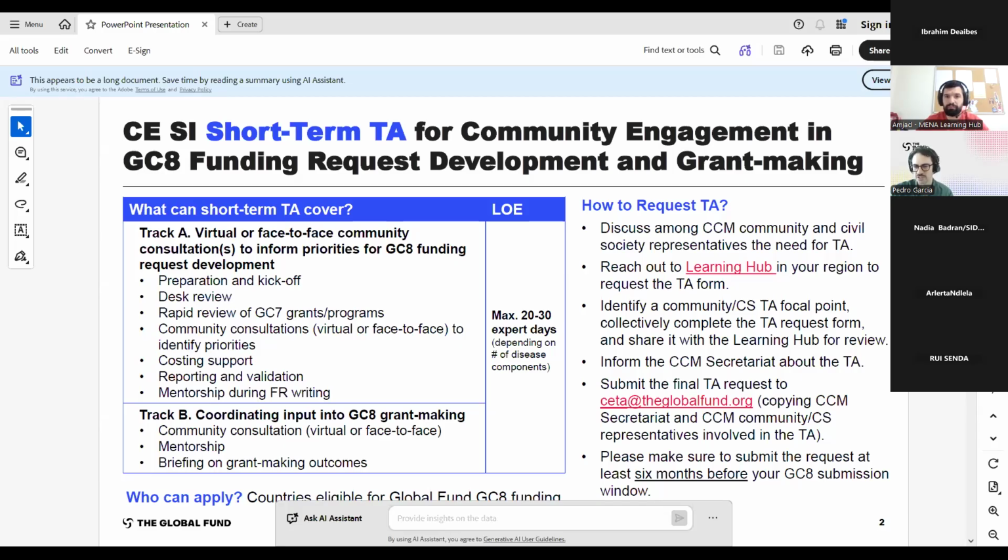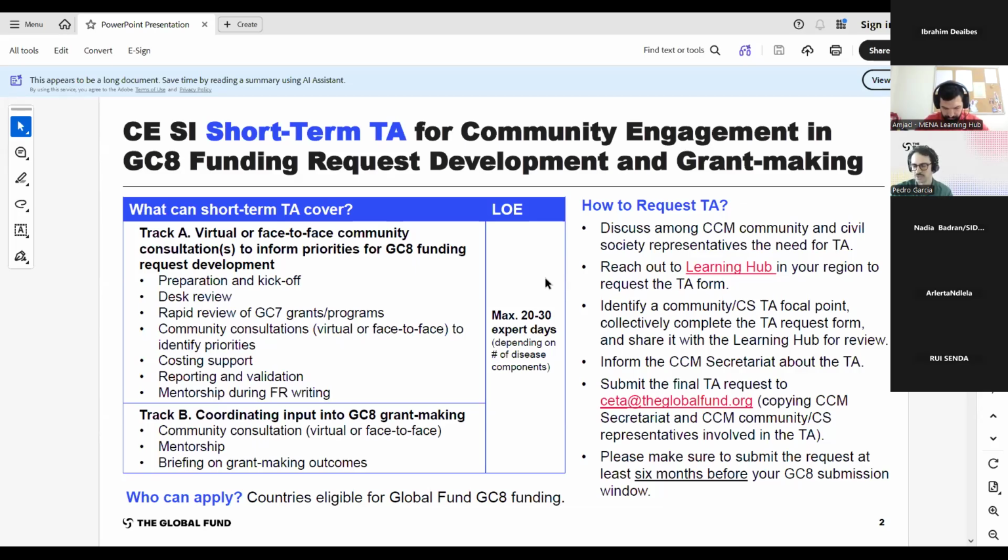So in many countries, the strategic initiative has supported prioritization consultations with communities, with civil society members, for communities to come together and to really discuss and align on some of the priorities, particularly ahead of the national dialogues, when the Global Fund grants will be discussed with other country stakeholders.